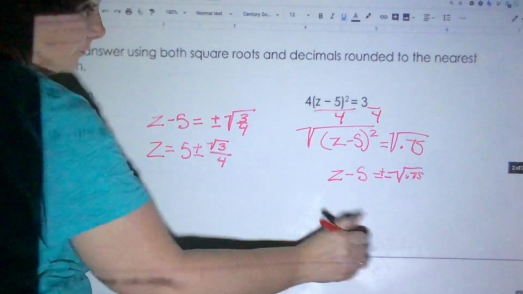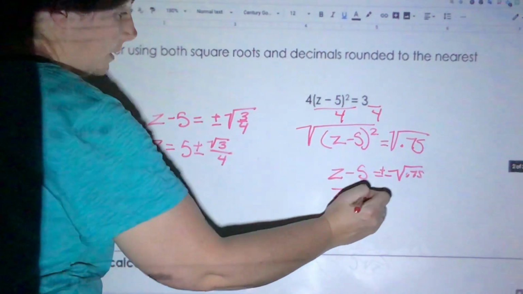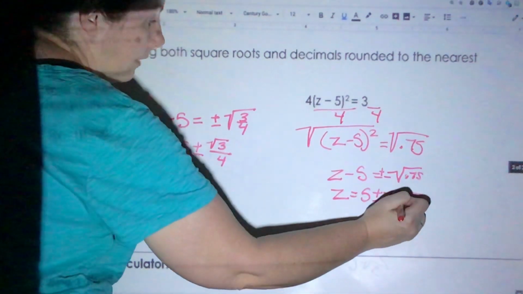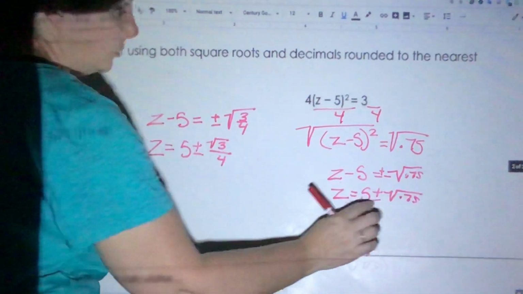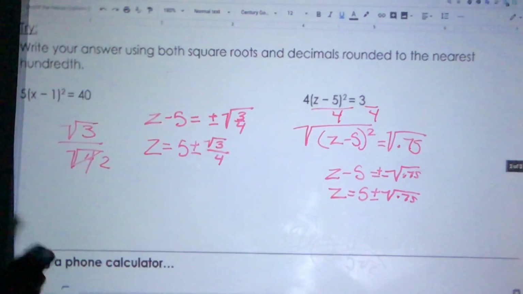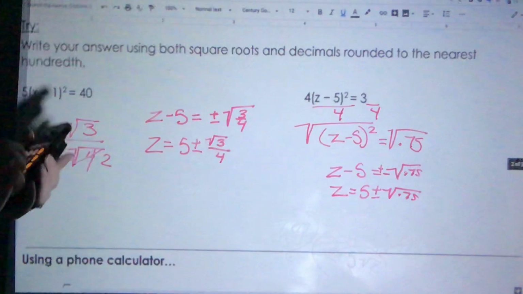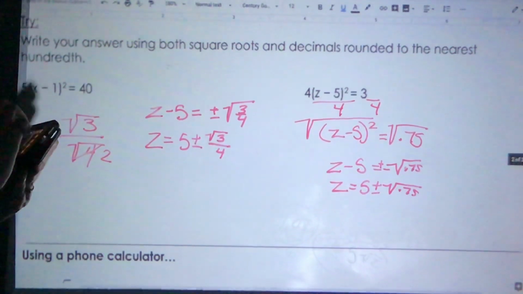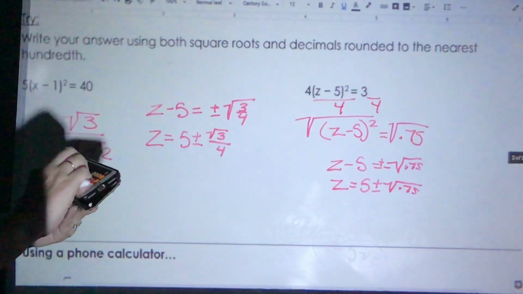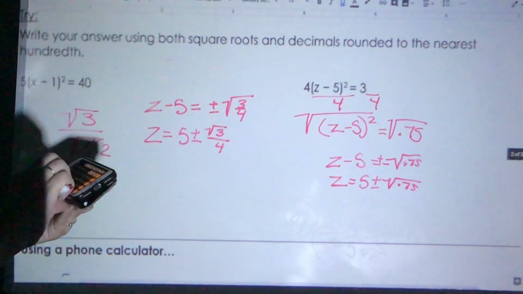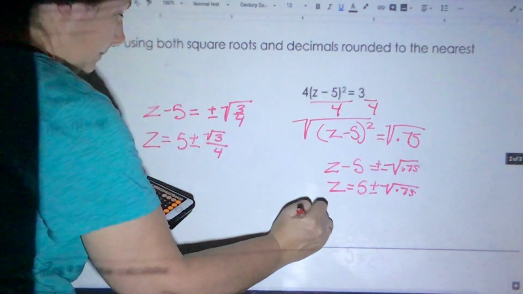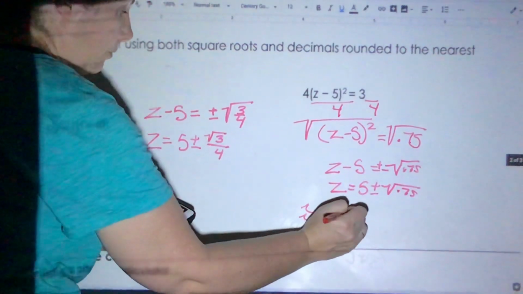For my decimal form, I'm going to bring over the 5 as plus 5. Now I'm going to use my calculator. I'm going to do 5 plus the square root of 0.75, and I would get approximately 5.87.